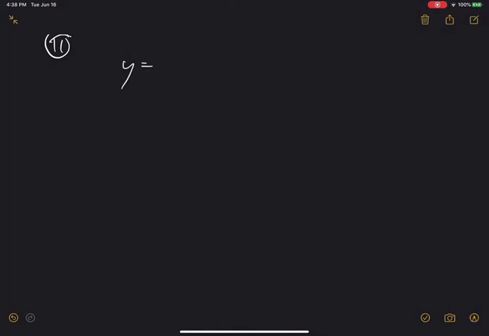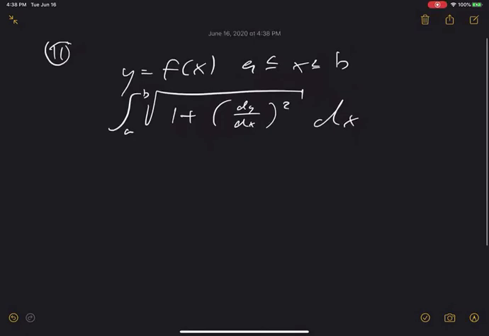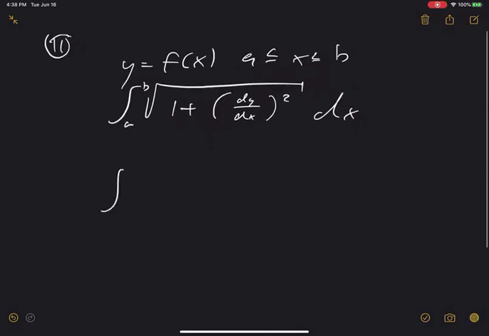For y equals f of x, we had a formula for arc length, right? Let's say we had x's between a and b. The formula was the integral from a to b of the square root of 1 plus f prime squared. But f prime is the same thing as dy dx, squared. So this is the formula for Cartesian equations, arc length. And we have another formula for parametric, and really it's the same thing.